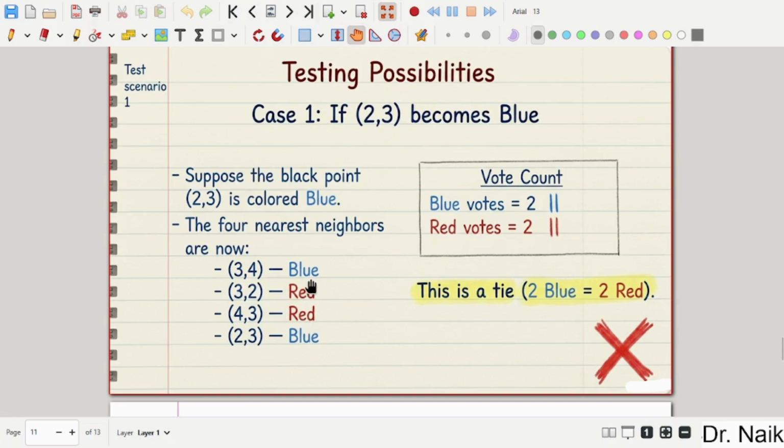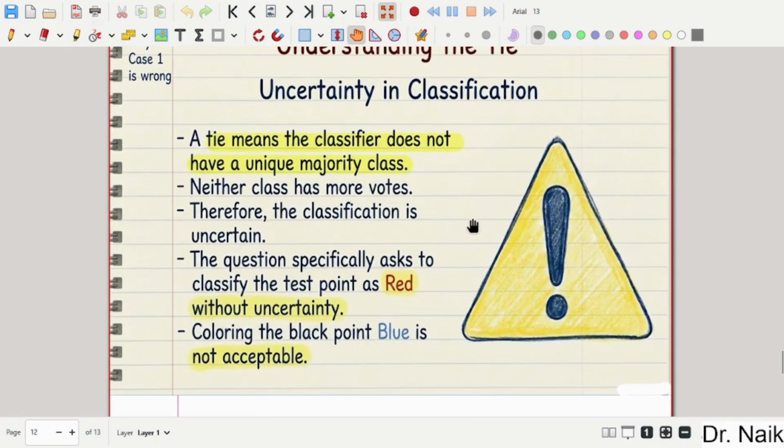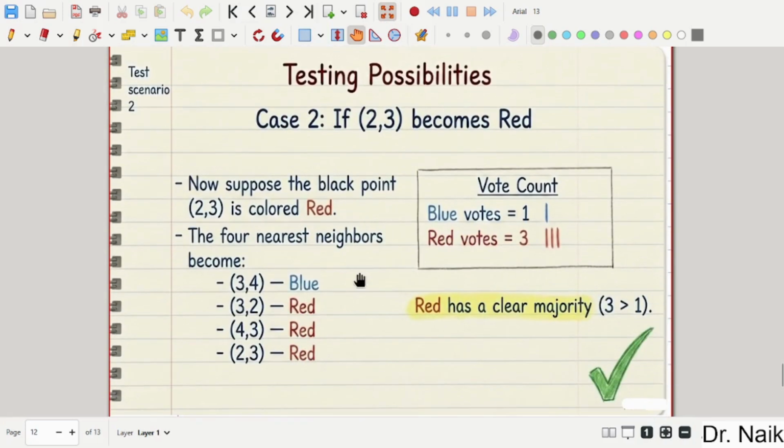So the blue class has 2 votes and the red class has 2 votes. So there is a tie because we have 2 blue and 2 red. A tie means the classifier does not have a unique majority class. Neither class has more votes. Therefore the classification is uncertain. But the question specifically asks to classify the test point as red without uncertainty. Therefore coloring the black point blue is not accepted. So our case 1 is wrong.